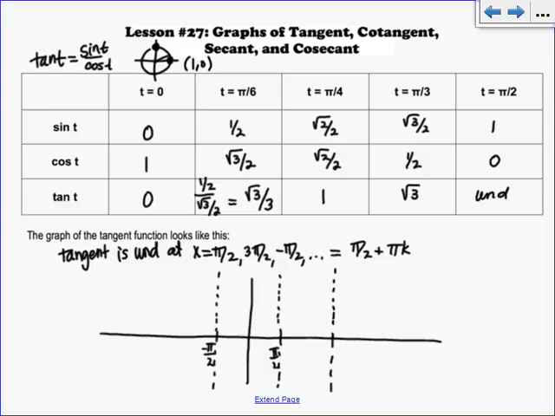So it's going to be 3 pi over 2, 5 pi over 2, and so on, and I could go this way too. Wait, is that pi over? It's negative pi over 2 and positive pi over 2 today. Make it look a little cleaner for you.